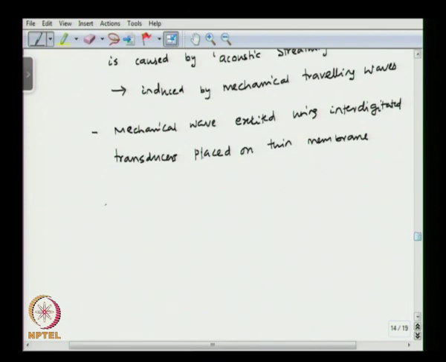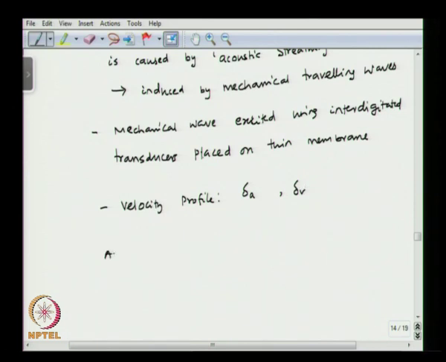So, the velocity profile is characterized by two parameters: the acoustic evanescent decay length and the viscous evanescent length.